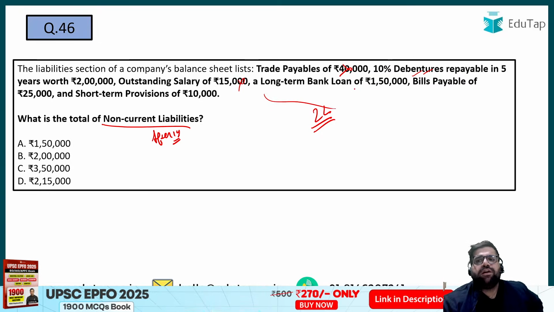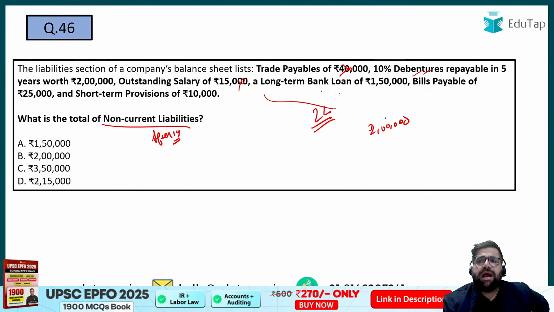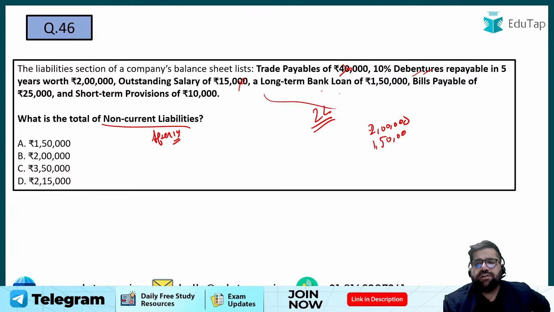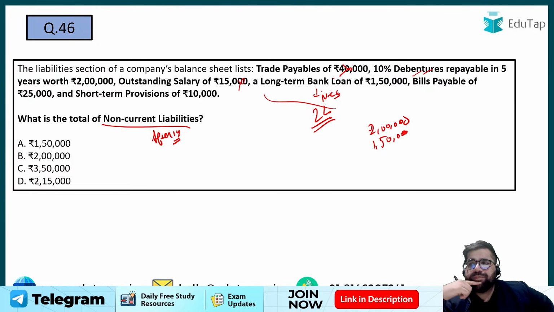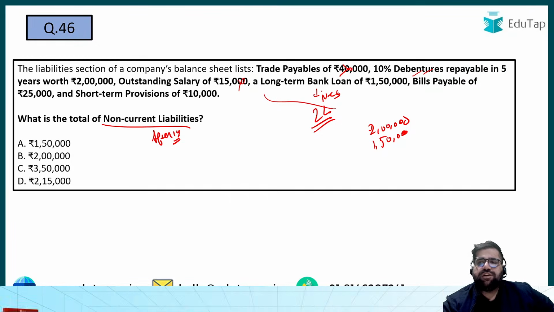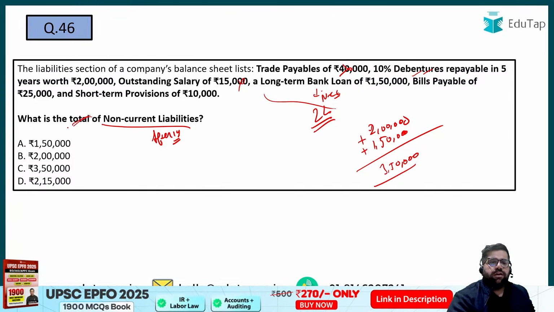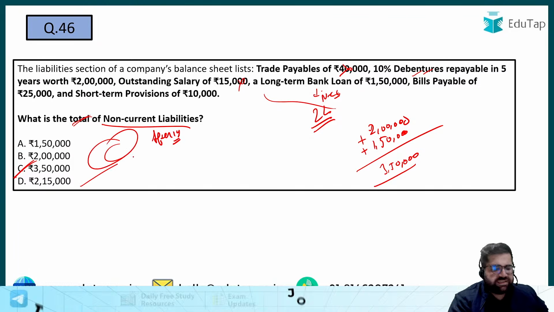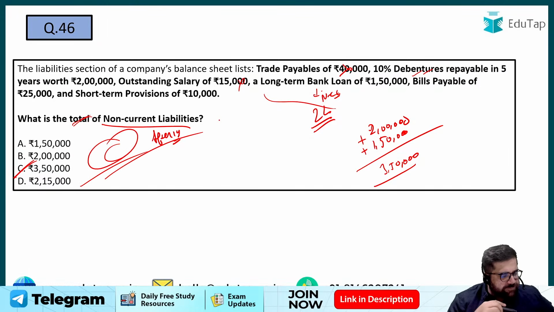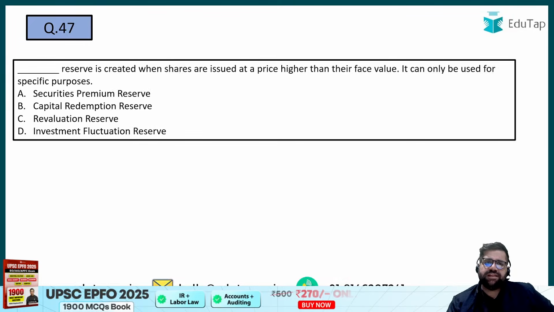A long-term bank loan, you have taken 2 lakhs of your debentures and a long-term bank loan of 1,50,000, you will take this also, because this is also a non-current liability which you will be paying after 1 year. Bills payable and short-term provisions will not be included, so your answer will be 3,50,000. You have to add this, right? Because they are asking you a total. So my correct answer will be option number C. I can see many people are going wrong over here, but some are going right also. Yes, the correct answer will be C.